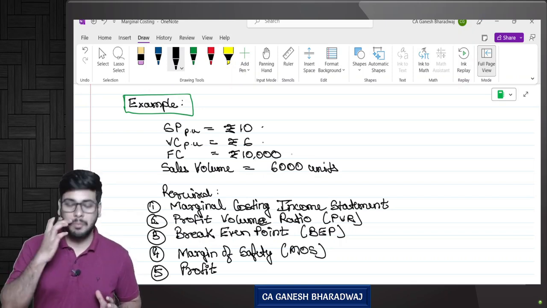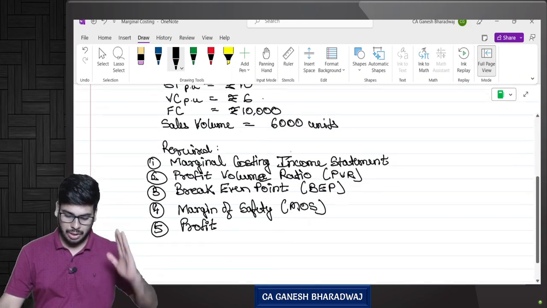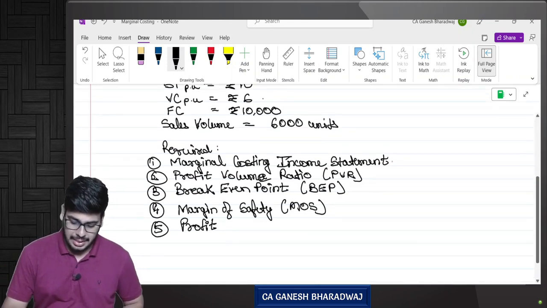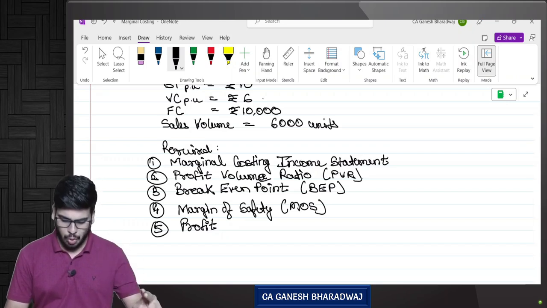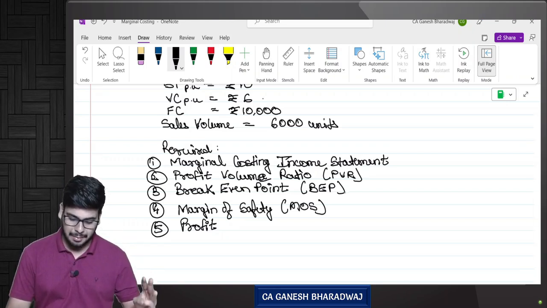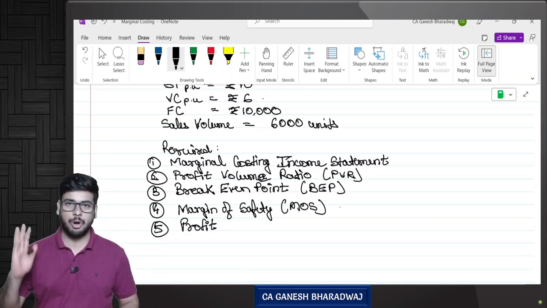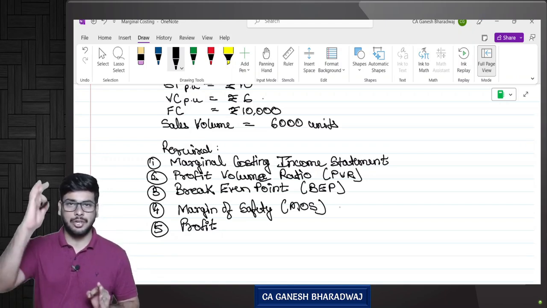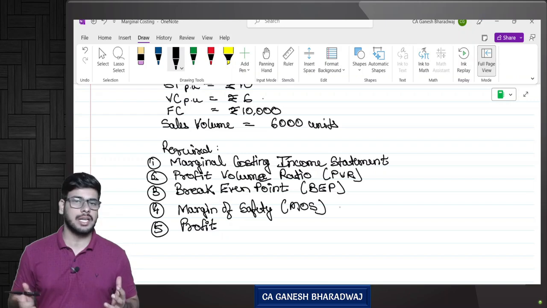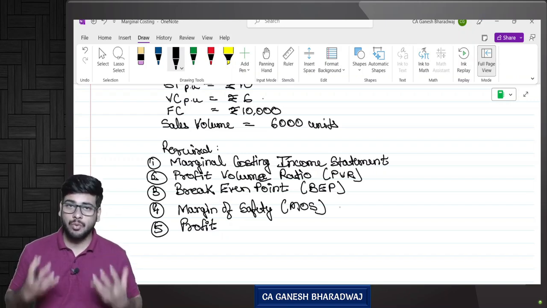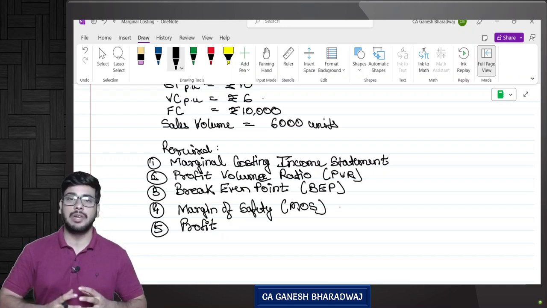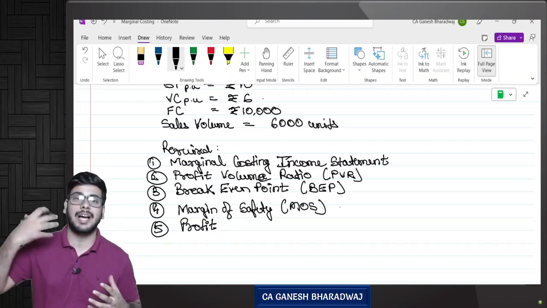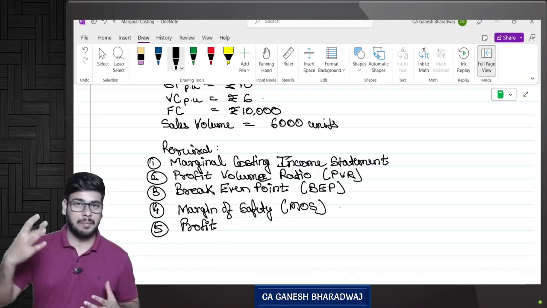So now let's move into the basics of marginal costing. So what is required? First, marginal costing income statement, then calculation of profit volume ratio, then break even point, margin of safety and profit. Let us slowly enter into one by one and let us understand the concepts so that the entire foundation of marginal costing will be built, based on which we can actually build up the further complicated areas.